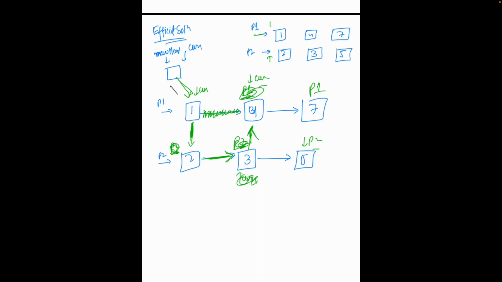So let me take 1, 2, 3, 4. And now think about it. This loop is just broken because this one is created. So current is here, P1 is here, P2 is here. Now which one is smaller? P2.